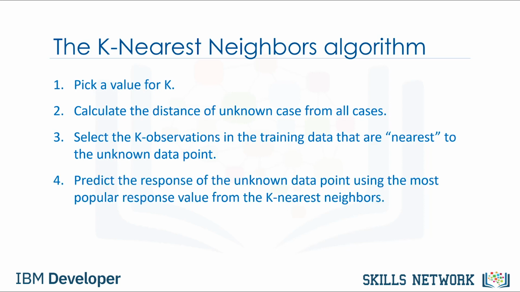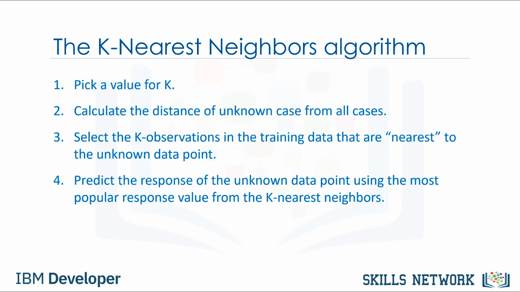And 4. Predict the response of the unknown data point using the most popular response value from the k-nearest neighbors. There are 2 parts in this algorithm that might be a bit confusing. First, how to select the correct k, and second, how to compute the similarity between cases, for example, among customers.